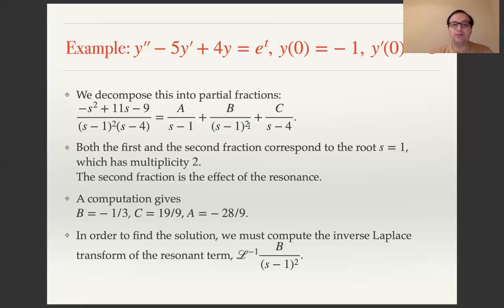And if we had a root of higher multiplicity, we could have s minus a constant cubed or something even more complicated. So this is the effect of the resonance. We get these more complicated denominators when there is a resonance in the equation.